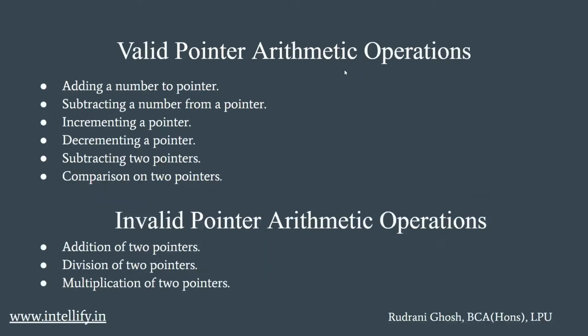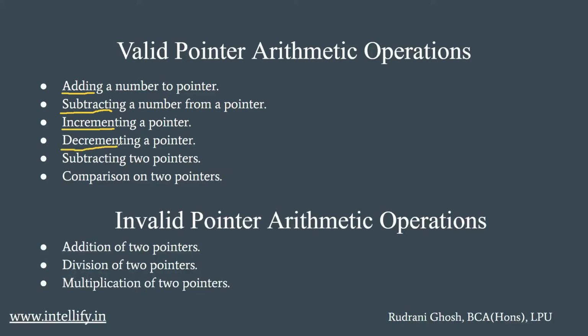So let's come to valid pointer arithmetic operations. The valid arithmetic operations that we can do on a pointer are: first, we can add a number to a pointer. Second, we can subtract a number from a pointer. We can increment a pointer, that means we can add 1 to the pointer. We can decrement a pointer, that means we can take away 1 from the pointer.